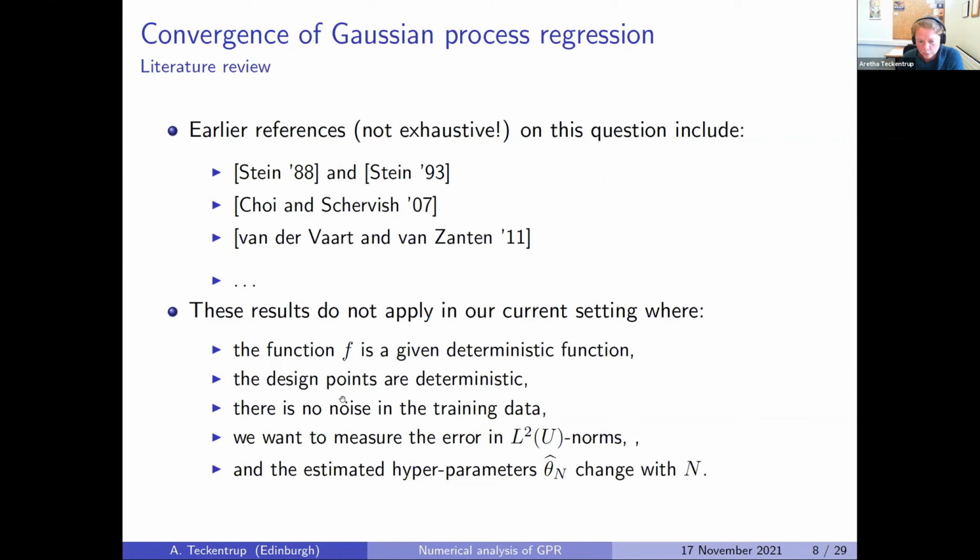The main challenge is that your estimated hyperparameters usually change with n, right? If you're estimating them from the data, as you have more data, you would include that data in your estimates, and so these estimated hyperparameters really change with n, and that's something that most of the previous literature cannot really deal with.